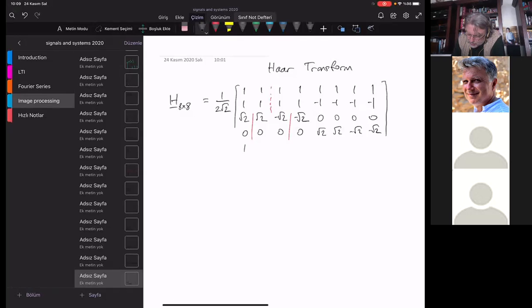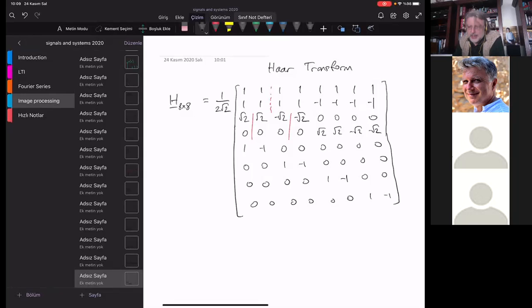I will put 1 minus 1, 0, 0, 0, 0, 0, 0, and then 0, 0, 1 minus 1, 0, 0, 0, 0, and then 0, 0, 0, 0, 1 minus 1, which is just separating all those things that appear in a combined manner. 0, 0, 1, minus 1, like this.